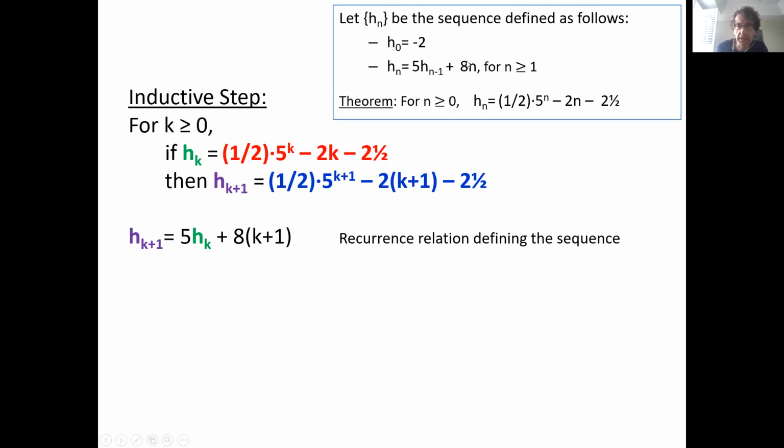You can instantiate this. What are you instantiating this with? What is n? n is k plus 1. So therefore, n minus 1 is k, and therefore, n is k plus 1.